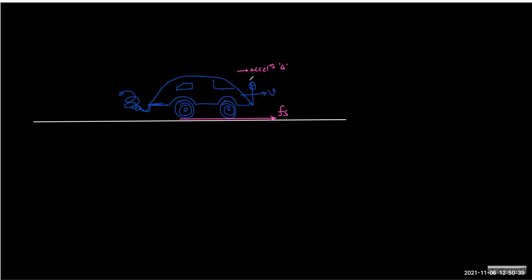But because of the air resistance, a drag force is developed, and you can see that the drag force will try to oppose. So now from Newton's laws of motion, what can you see?